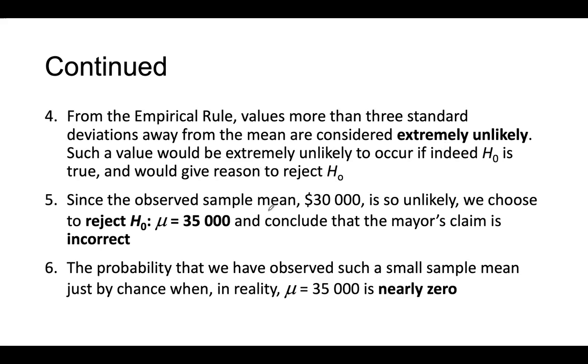Since the observed value, 30K, is so unlikely, we choose to reject the null hypothesis that the mayor was correct and conclude that the mayor's claim is incorrect. The probability that we observed such a small sample mean just by chance, when in reality the mean is 35K, is nearly 0.